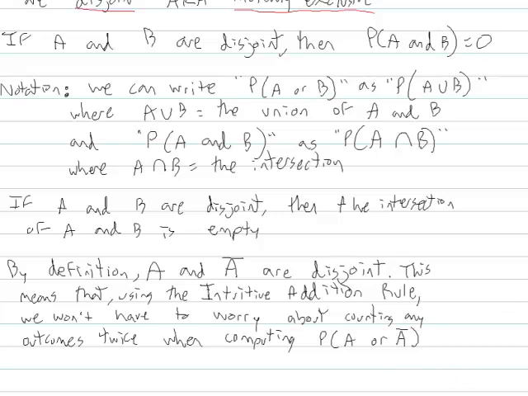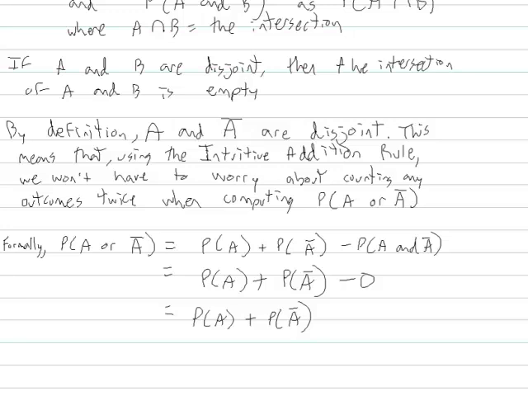Okay, so formally, probability of A or A bar, we would take P of A plus P of A bar minus the probability of the intersection. Well, since the intersection is empty, that means the probability is going to be 0. So I can just take P of A plus P of A bar.